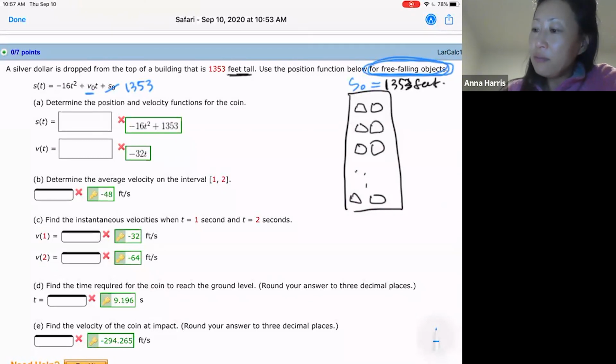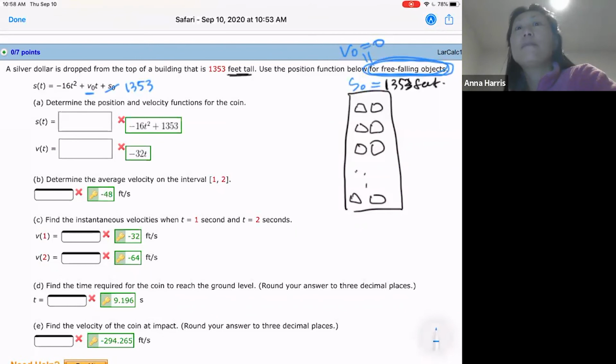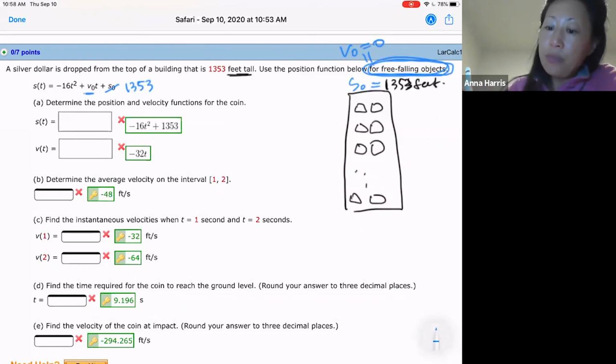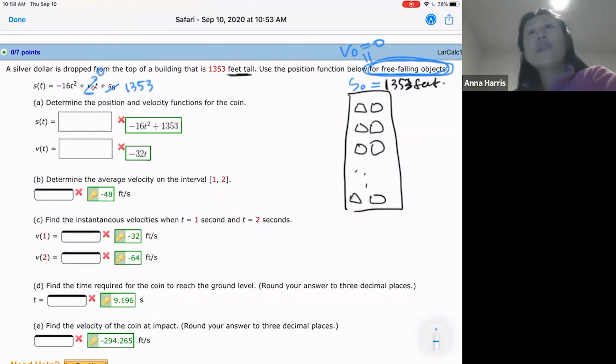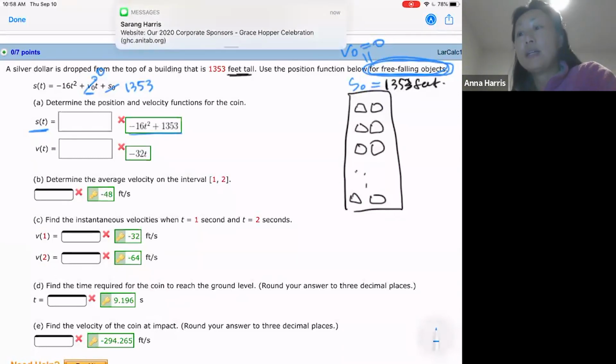Free falling just means your V0 is 0. That's what that means. So this problem becomes a simple problem. That is why your position function S of t is negative 16t squared plus 1,353. So we got that.